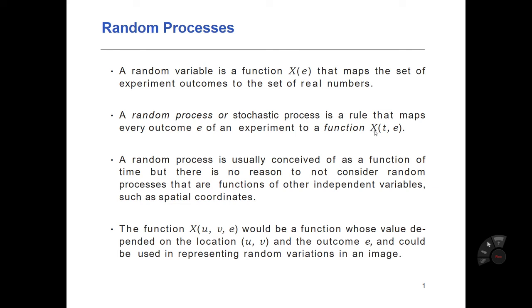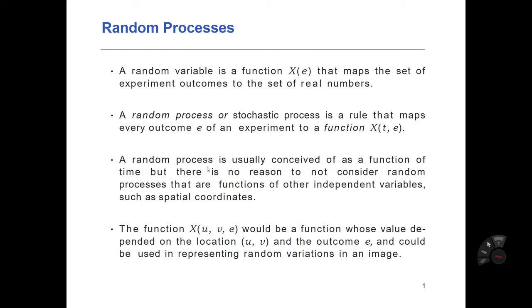Here we can use f or h. This is just notation, not necessarily x, but we can write another variable. This function defines the experiment outcome based on each scan or on the time.